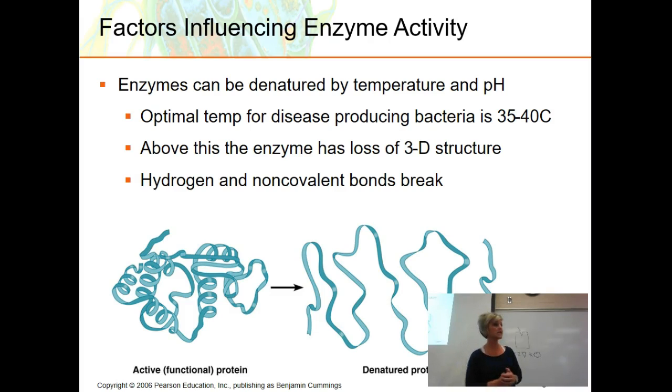No, I added heat. Heat denatures proteins, which means it takes those three-dimensional bonds and breaks them, making them linear. Now, sometimes I can take that linear species, remove it from the heat, and it will go back into activated form.